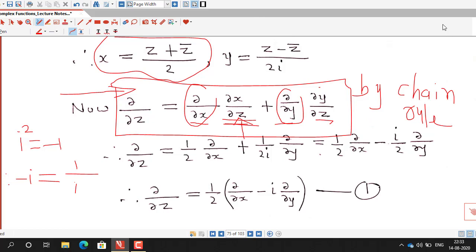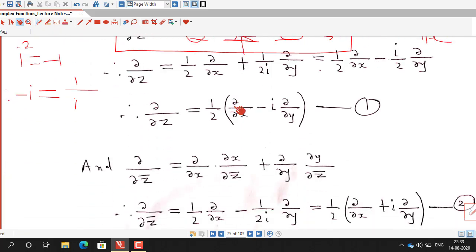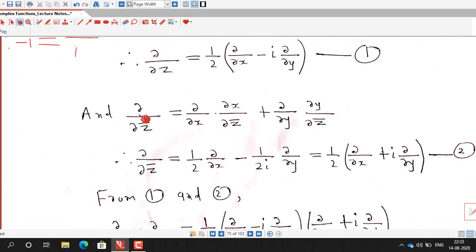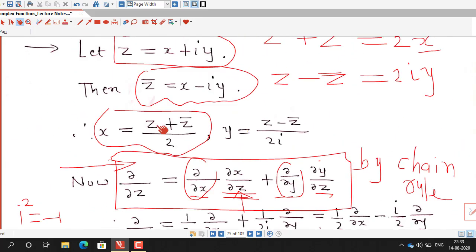Similarly, we can use chain rule to write the partial derivative with respect to the conjugate of z, that is z bar. So this is also by chain rule. Del by del z bar is del by del x, del x by del z bar, plus del by del y, del y by del z bar. Again, the partial derivative of x with respect to z bar is 1 by 2, and here it is minus 1 upon 2i.